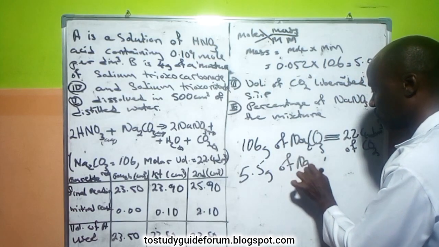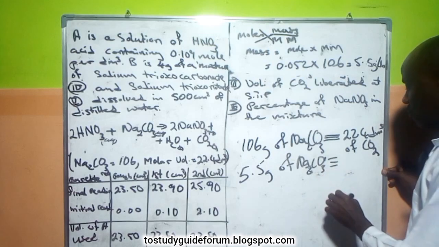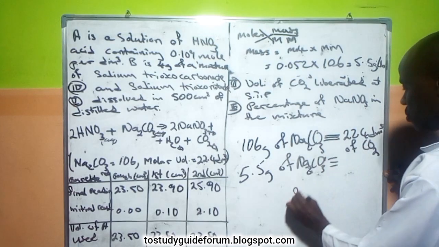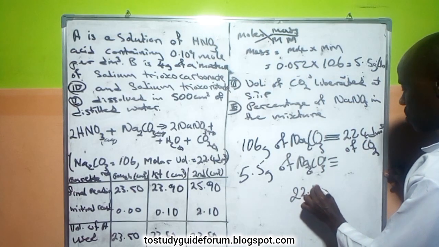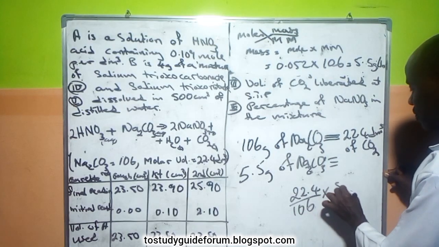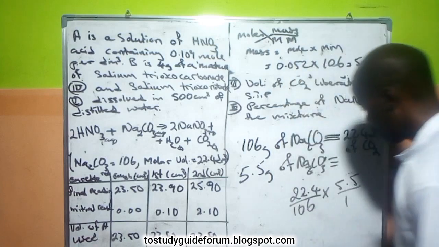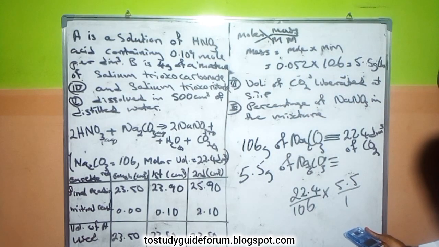Sodium trioxocarbonate will give us 22.4 all over, times 5.5, 22.4 divided by.